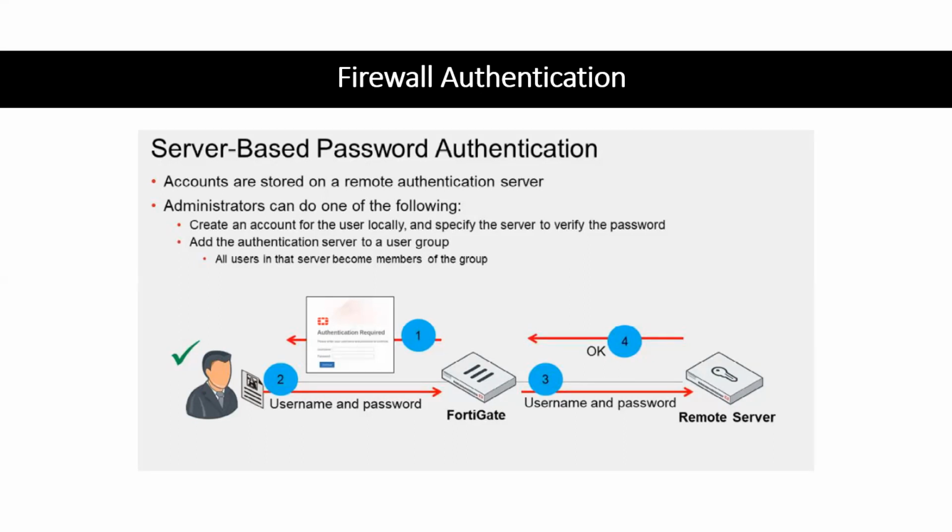Once she does that, she can now create groups that match the groups that were created on the remote server, and then your users will be authenticated. And they don't have to be locally made.